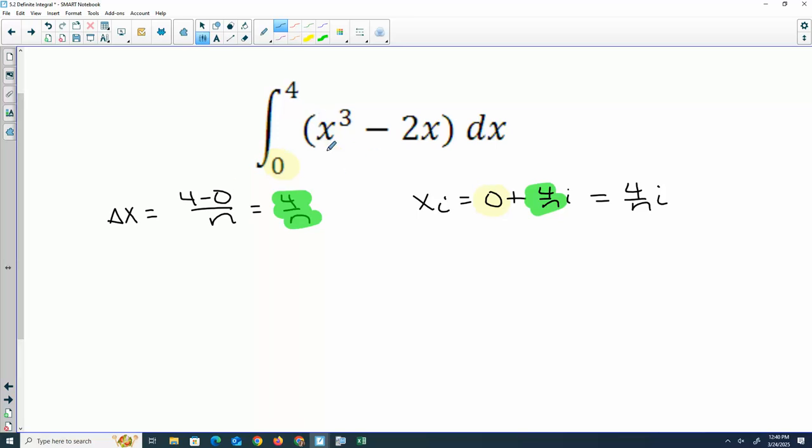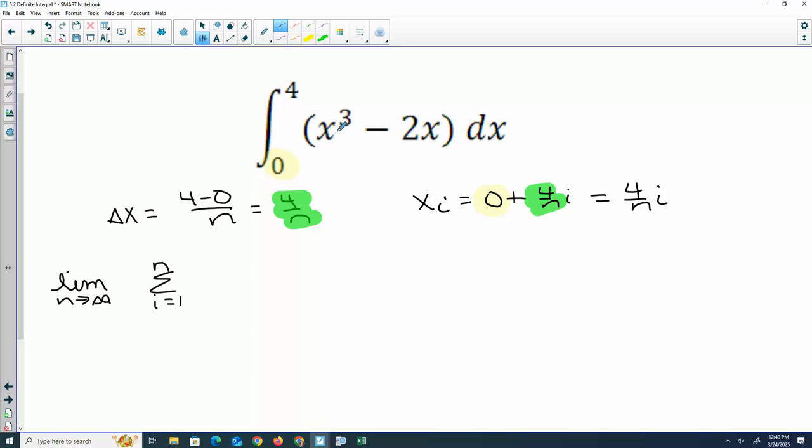So if I'm asking you to do the sums to calculate this, we are going to do the limit as n goes to infinity of the sum from 1 to n. That is replacing this integral here. Now my function.